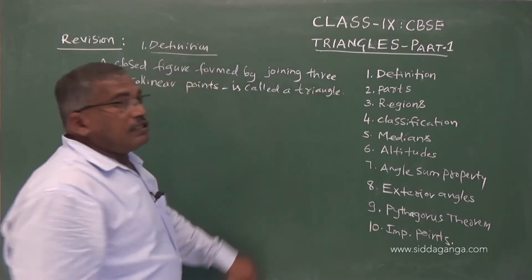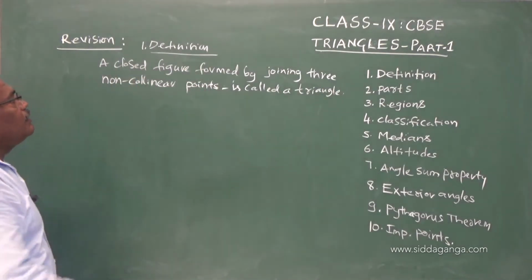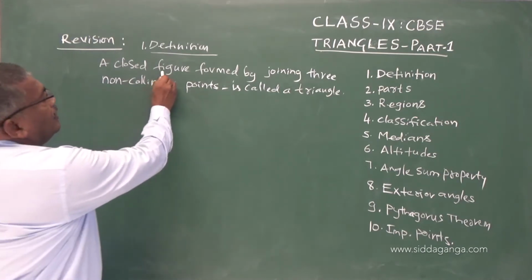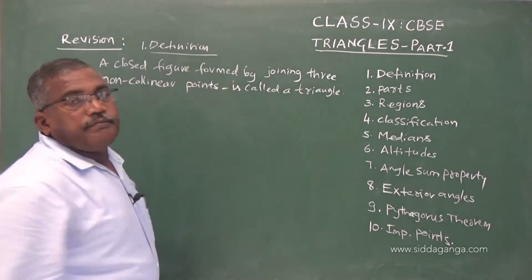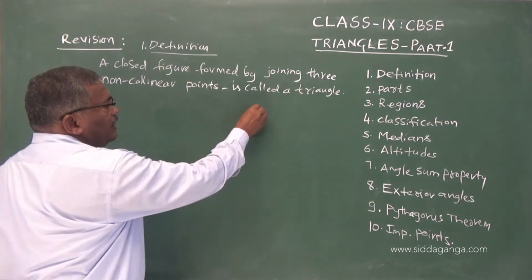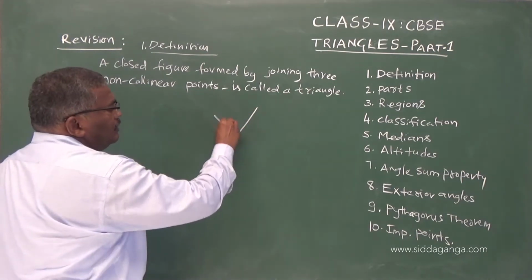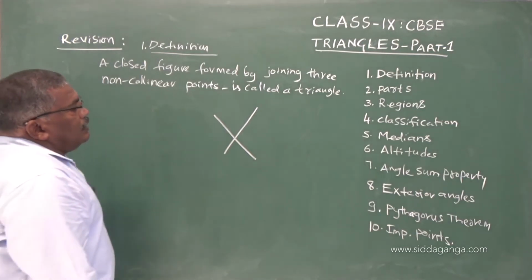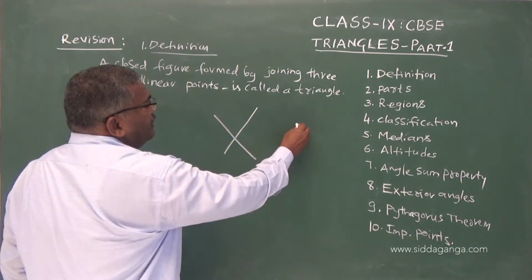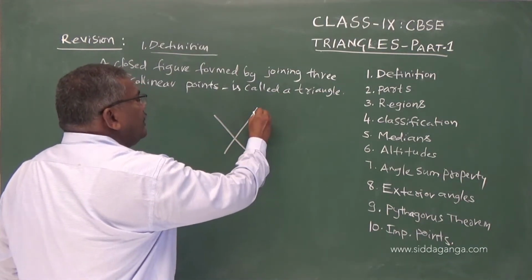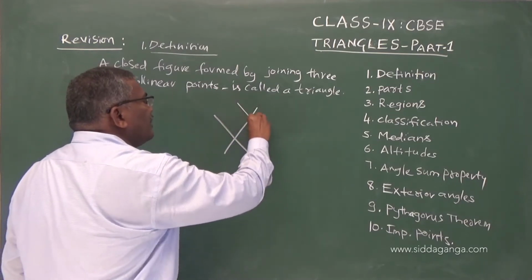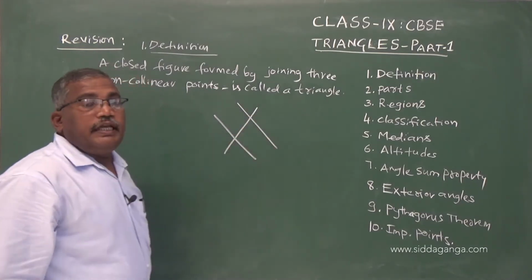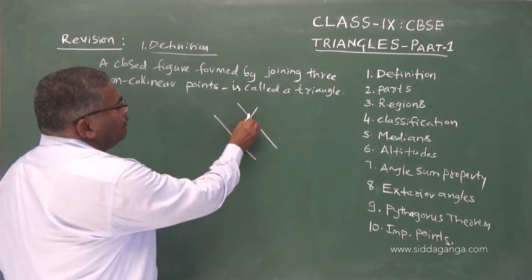So here you have to understand before we study further. Now a closed figure, if there are 3 straight lines, this is one line and this is another line. Suppose another line is parallel to this. You can see these two are parallel.